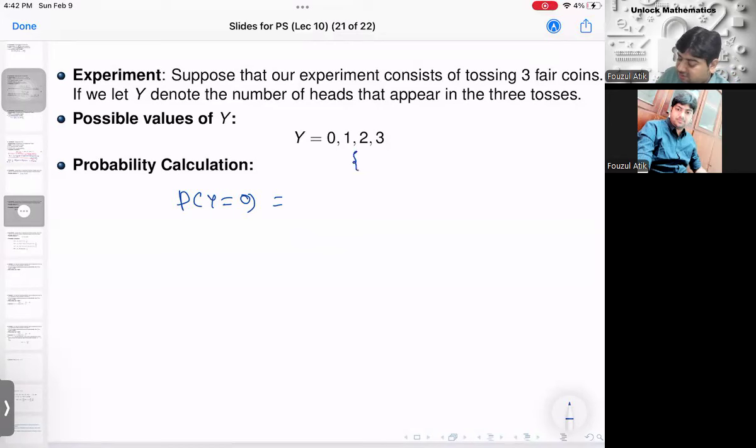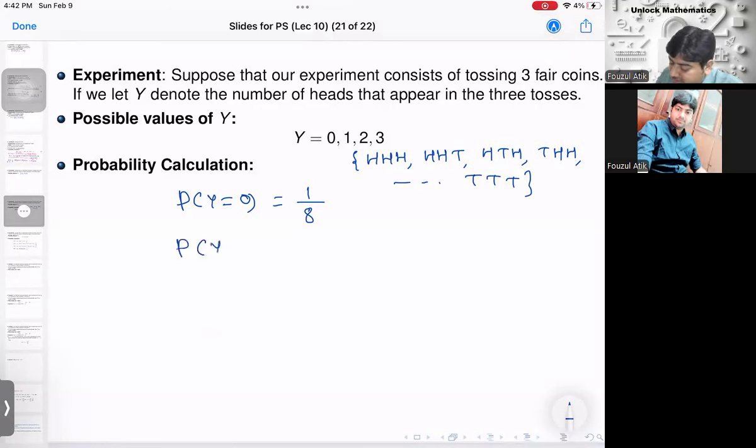The sample space was like this: H, H, H; H, H, T; H, T, H; T, H, H; remember, we have already discussed this example; and so on, up to T, T, T. So P of y equal to 0 means the number of heads is 0. You have only one such case, and the total number of outcomes was 8. So P of y equal to 0 is 1 by 8.